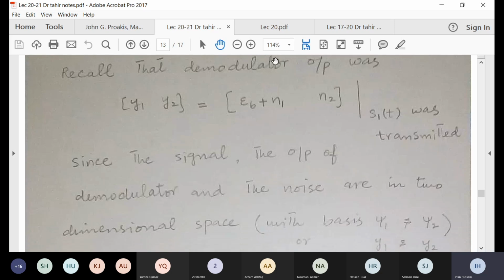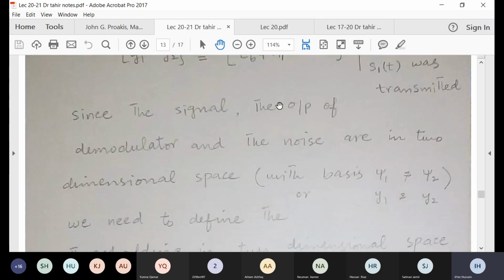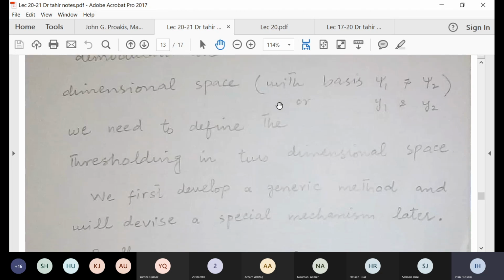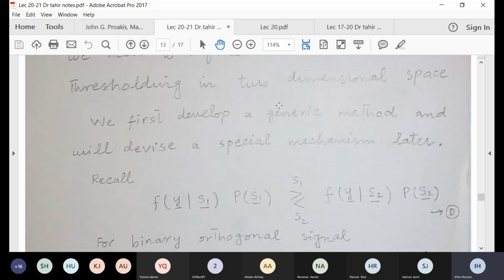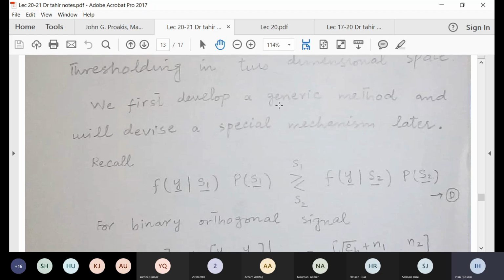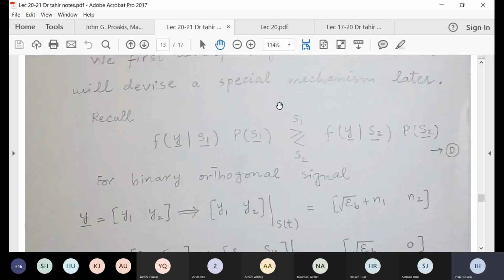We have already seen that the output of the orthogonal signal will be a two-dimensional vector. So we need to define thresholding in two-dimensional space. We first define a generic method, then we'll define a special mechanism later.